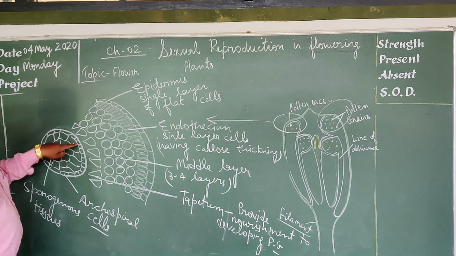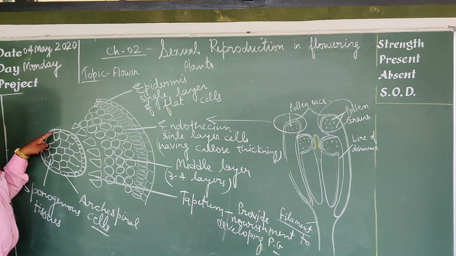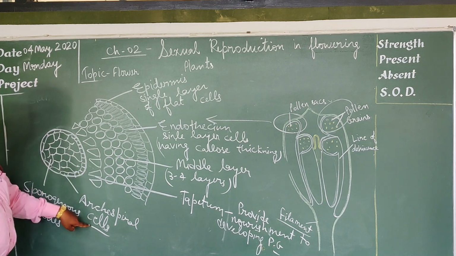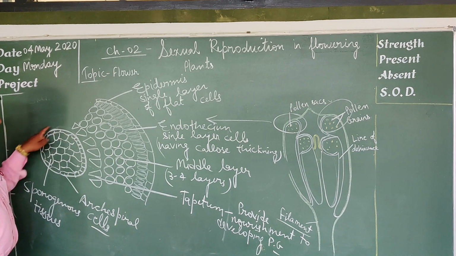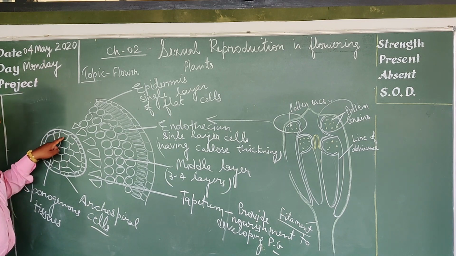The wall of the pollen sac is composed of archispiral cells. Inside the pollen sac, a group of compactly arranged homogeneous tissues are known as sporogenous tissues.